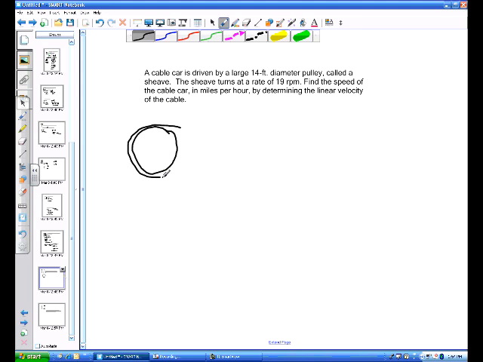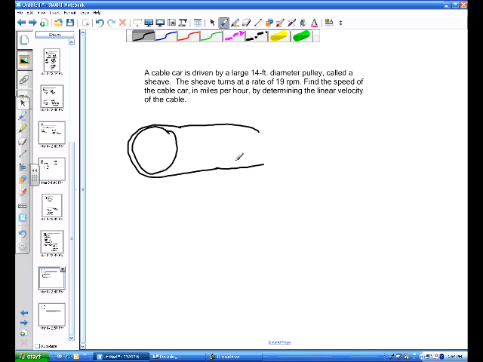Now basically what happens is you've got this sheave and a cable is going around it. And however fast a point on the edge of the sheave is moving is how fast that cable's moving. And then it's connected to something else. Now often it's connected to something smaller or something bigger, which is causing things to move faster or slower.